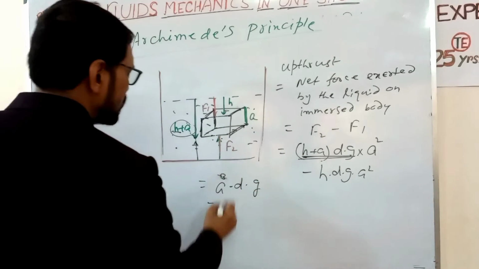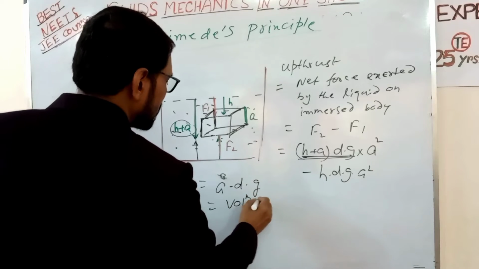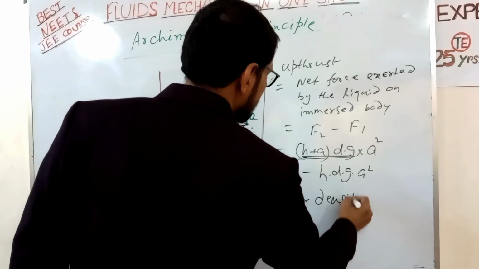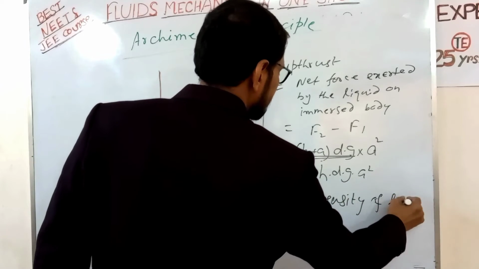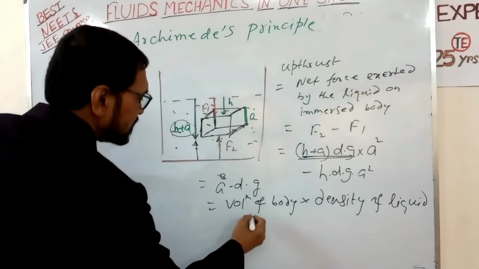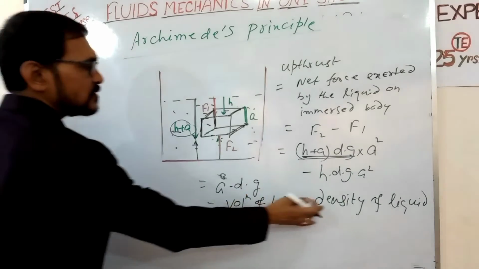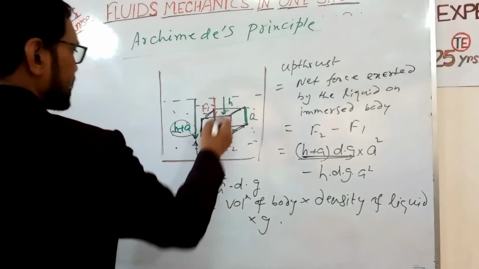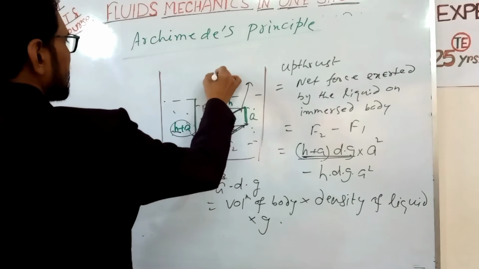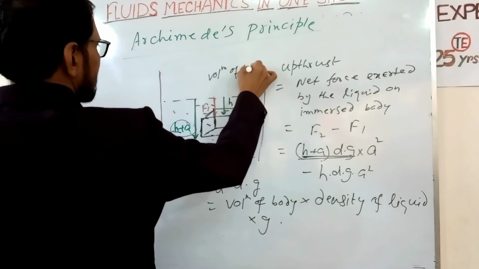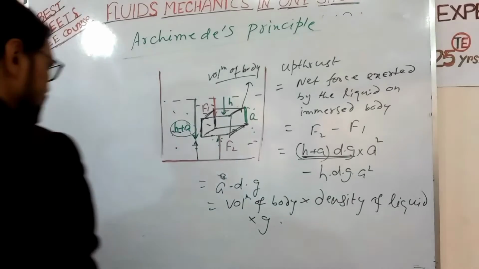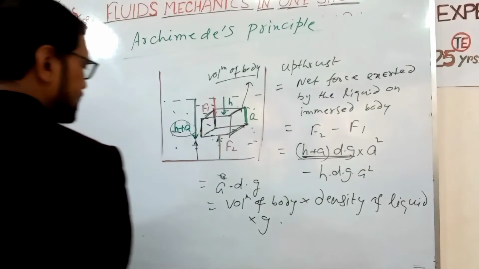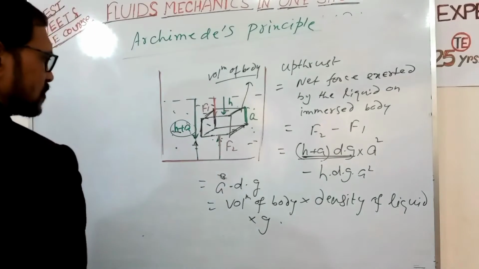Now what is a cube? a cube equals the volume of the body. So a cube d g is volume of body into density of liquid into g, that is V d g. So this is the upthrust.